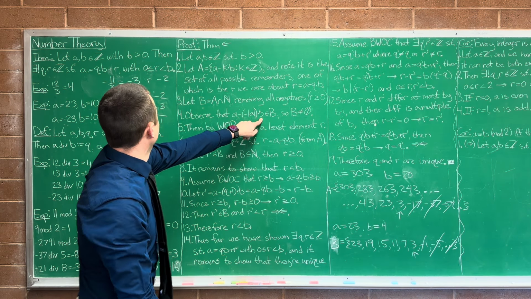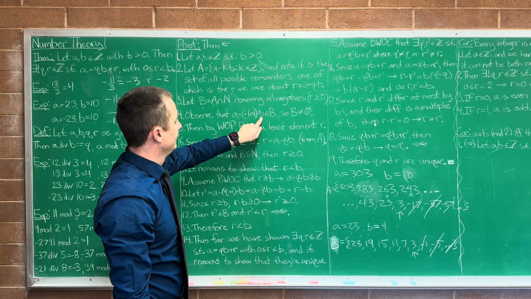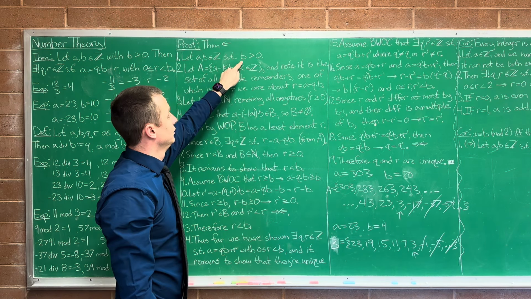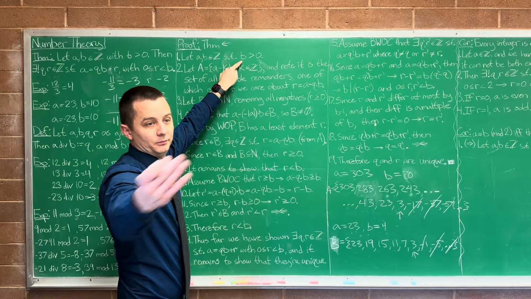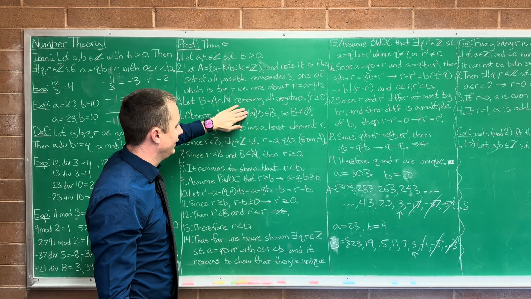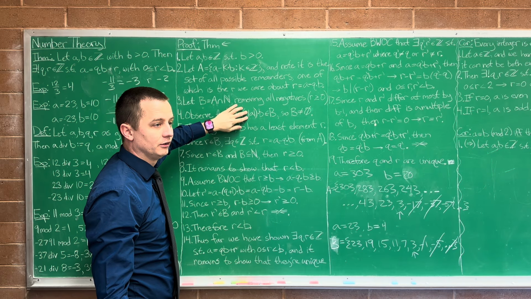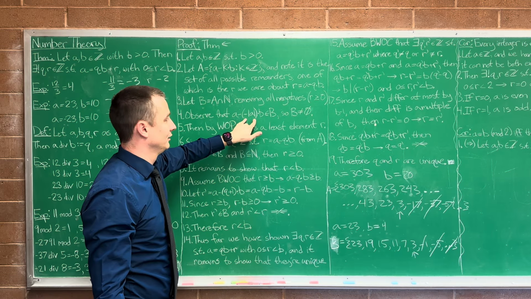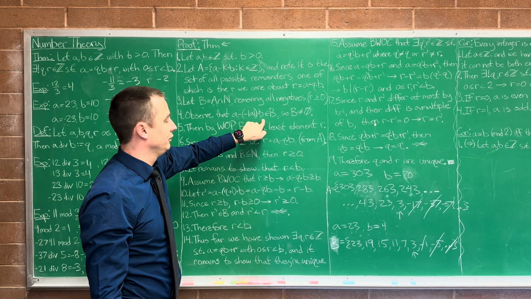Now, b we know is not 0. It's not only not 0, it's greater than 0, so it's positive. The absolute value of a is positive. Negative absolute value of a is then negative. A negative times a positive is negative.